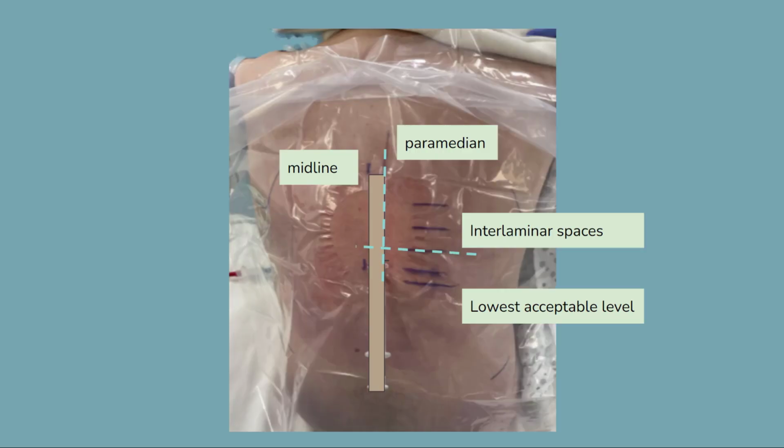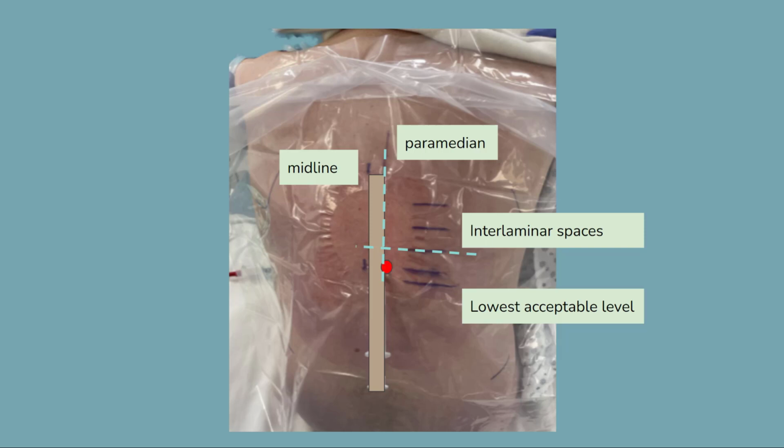So this is what I will do. I will mark out my midline. I will mark my paramedian, which is my best line view of the lamina and the interlaminar gaps. I'll pick my interlaminar space based on how deep the lamina are from skin and how big the interlaminar gap is. I'll plan my trajectory.